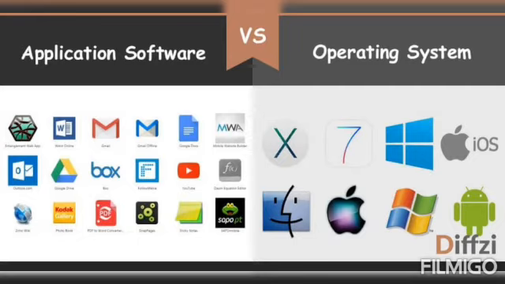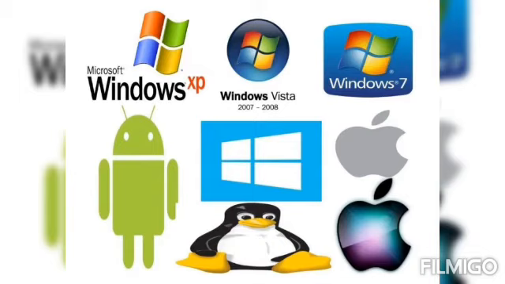Great. Let's look at some examples of these types of software. Examples of operating system software: we have Windows XP, Windows Vista, Windows 7. We have Android. We have Windows 10, Panda, and Apple OS.